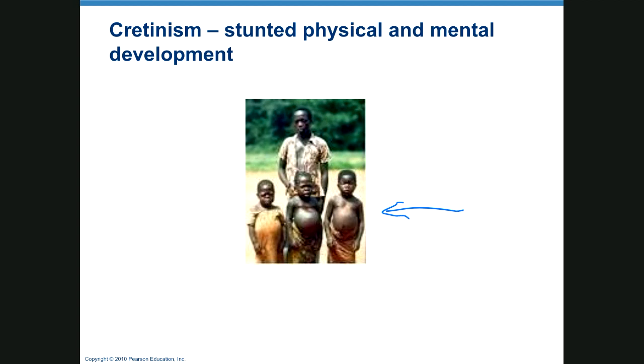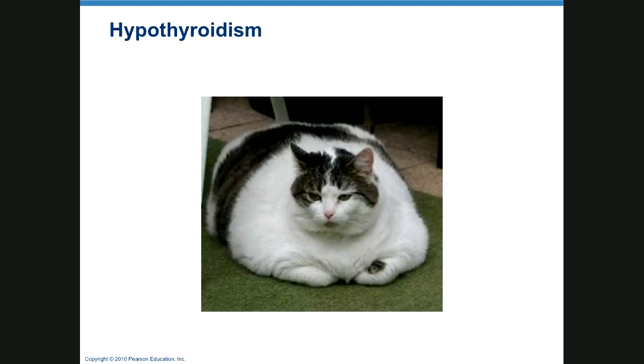Now, I decided that hypothyroid cats are a little cuter than hypothyroid humans, and this cat, as you notice, is morbidly obese. If one listened to its heart rate, we would find it low. Its temperature might be low. It might have depression, if cats get such.